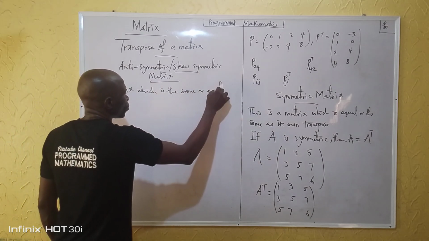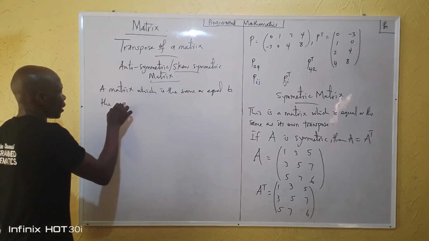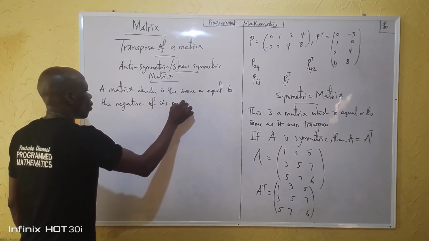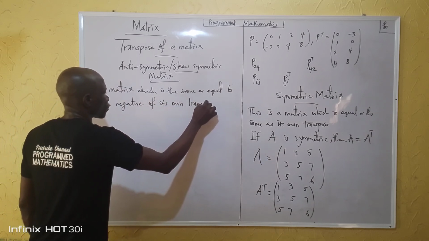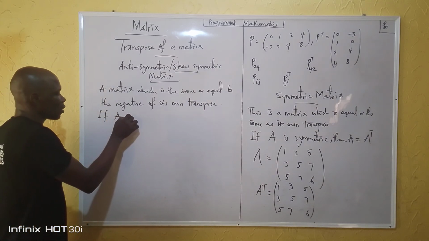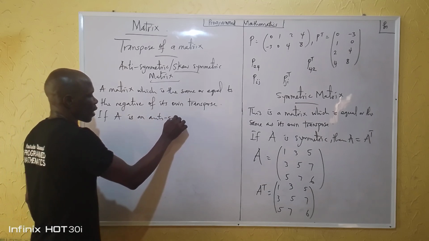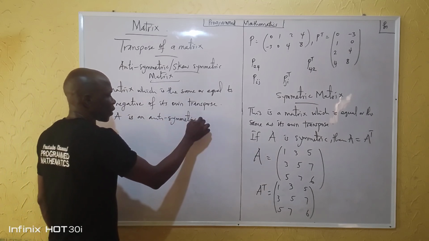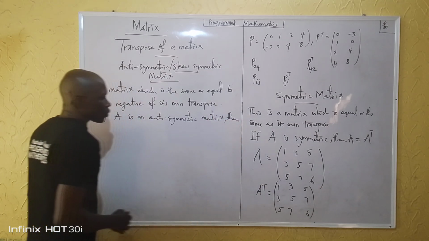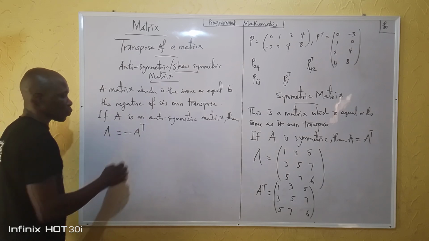So if matrix A is an anti-symmetric matrix, then what that tells you is that A is equal to minus A transpose.